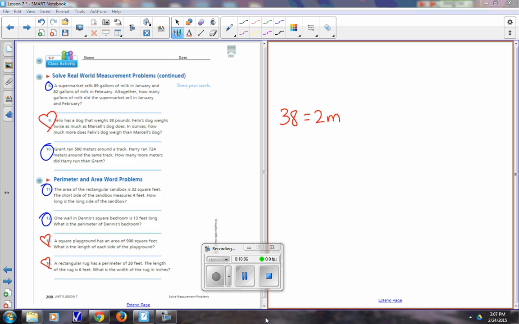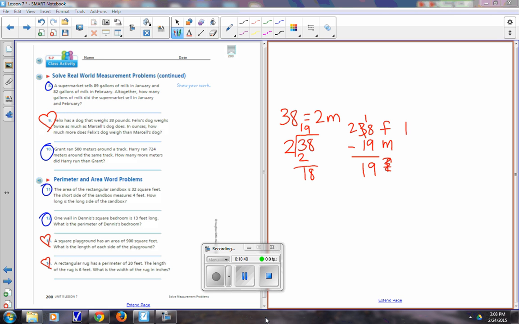So I need to find out 38 divided by 2 is 19. So Marcel's dog is 19 pounds. Felix's dog is 38 pounds. And it wants to know how much more does Felix's dog weigh than Marcel's dog. So first I have to subtract 19 pounds. Half, Mrs. Crane, good.